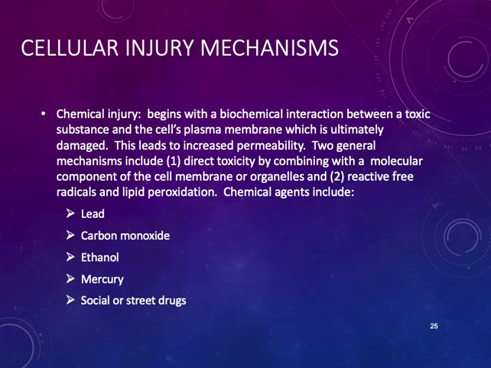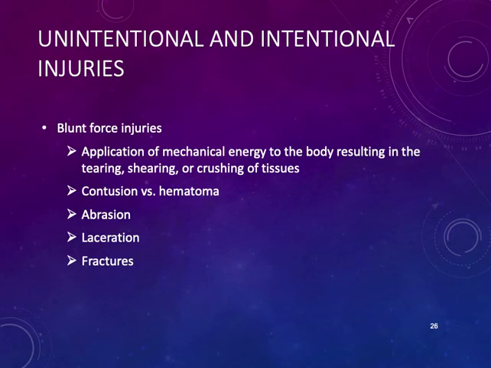Obviously, carbon monoxide is another big one that you can come in contact with, and it can cause direct chemical injury. Ethanol or alcohol, mercury, social or street drugs. There's a lot of side effects potentially from a lot of these different chemicals that can cause cellular injury. Some of these are just general areas like unintentional injuries and intentional injuries.